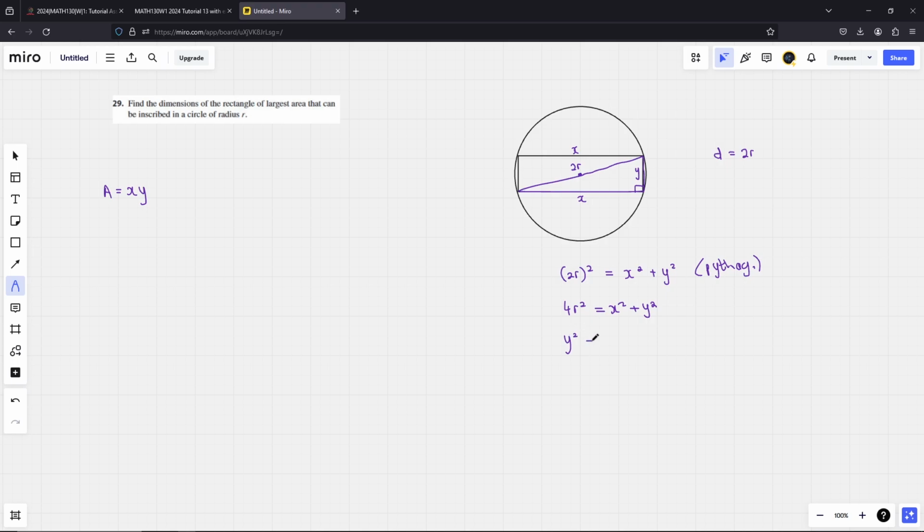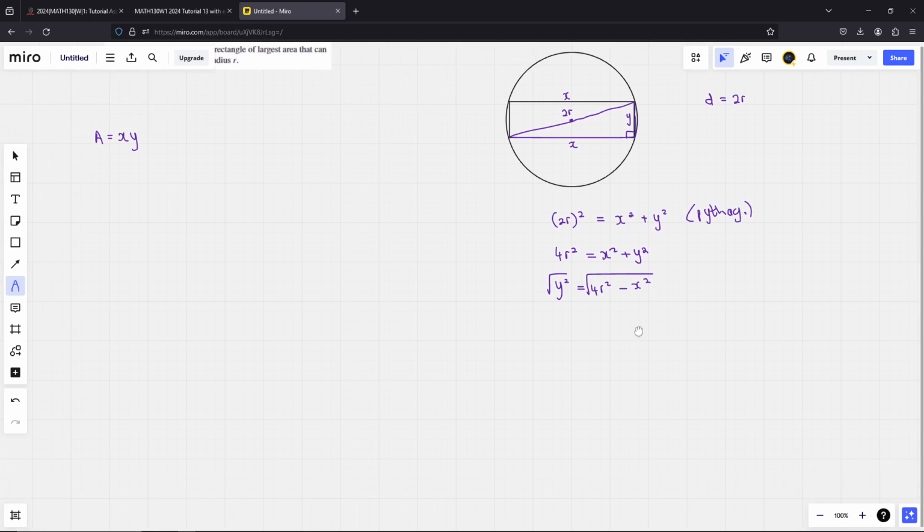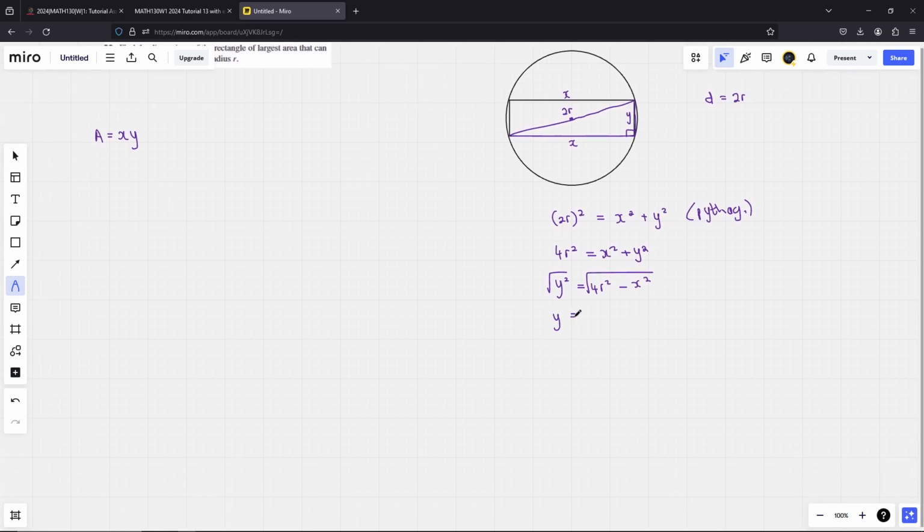So I'm going to say y squared is equal to, and then subtract x squared from both sides, so 4r squared minus x squared, and then taking the square root, we can say that y is going to be equal to the square root of 4r squared minus x squared.